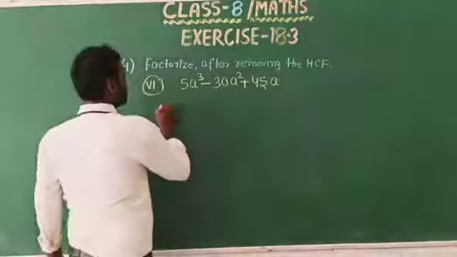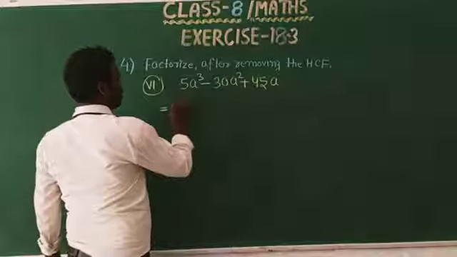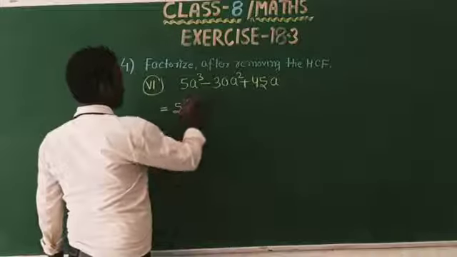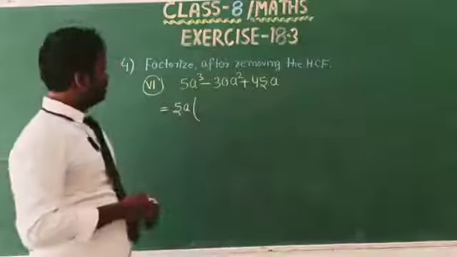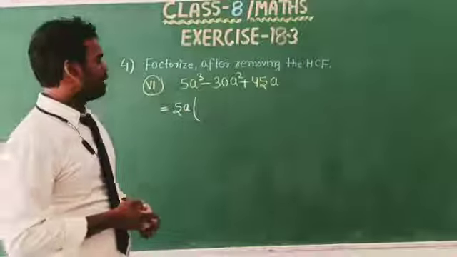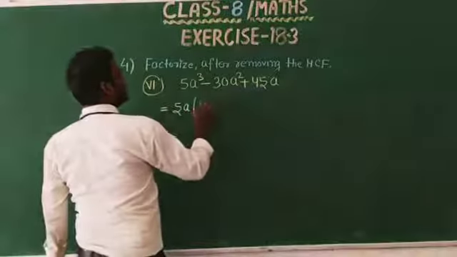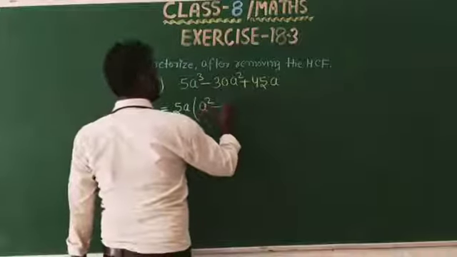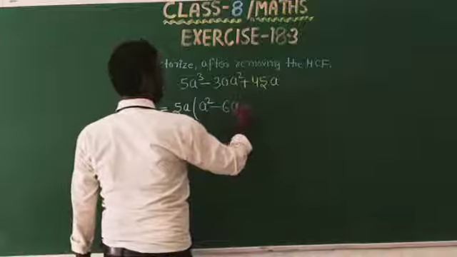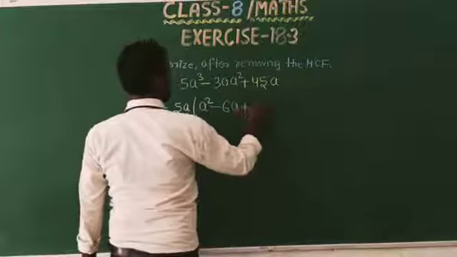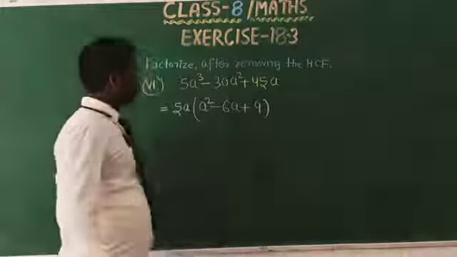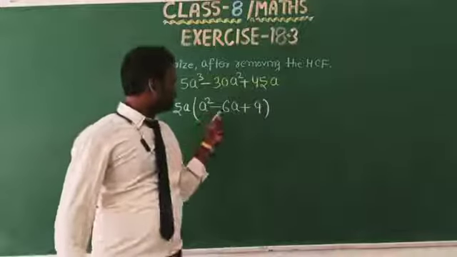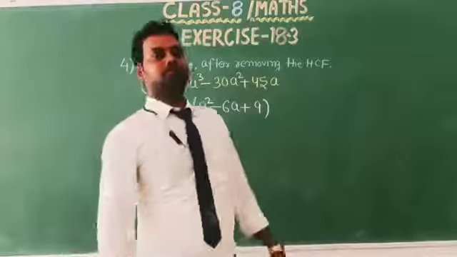Taking 5a as common, this expression becomes a square minus 6a plus 9.